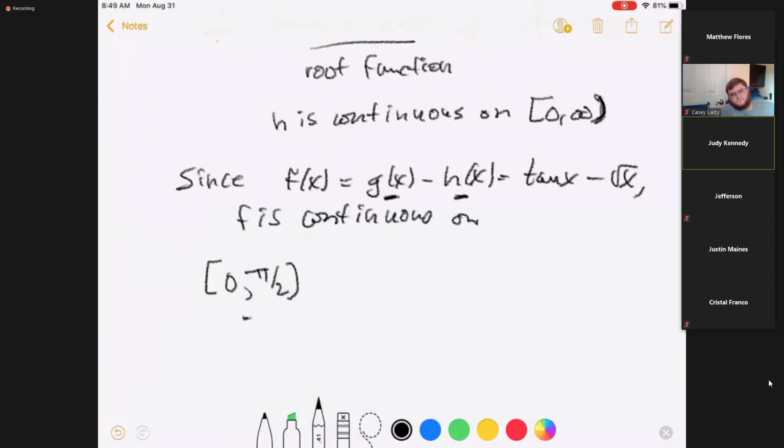Only got half of that interval because the other half has negative numbers in it. But then the rest continues as before: pi over 2 to 3 pi over 2, 3 pi over 2 to 5 pi over 2, and so forth. And that just goes on forever.